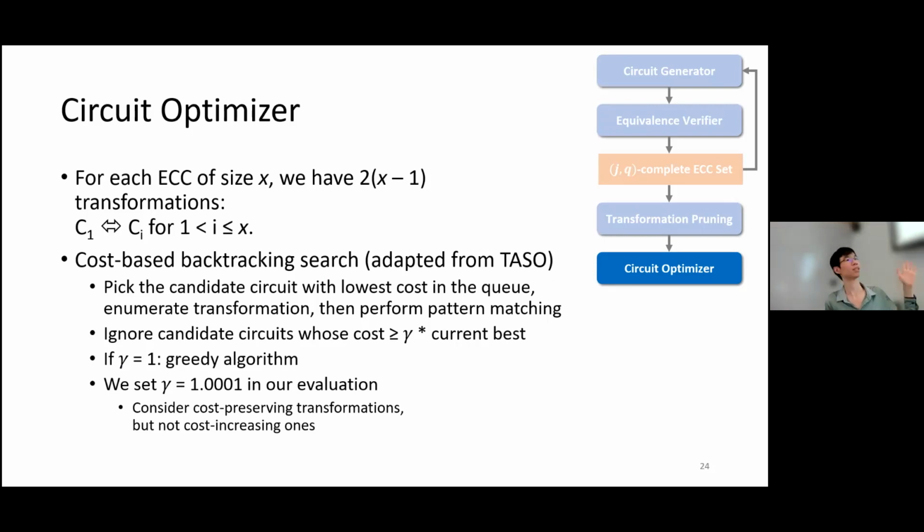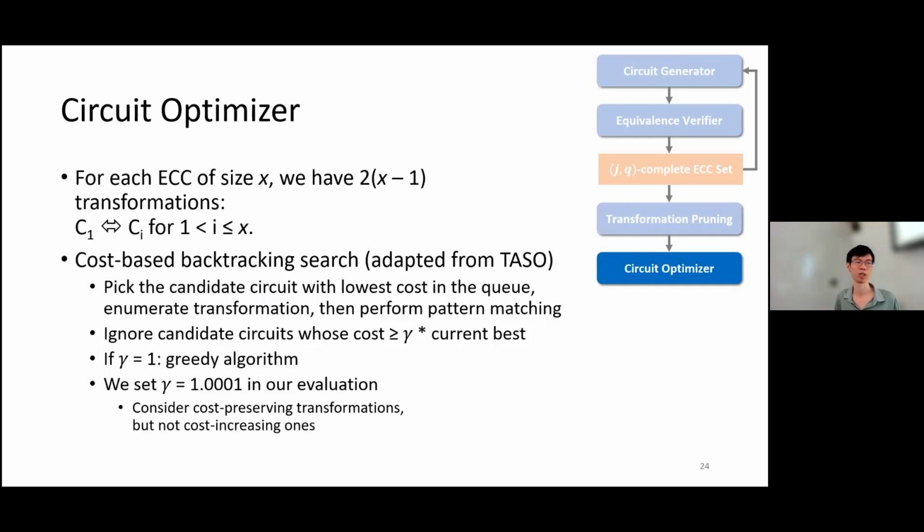You mean the gamma here, right? Yeah, for example, we control an upper limit and the circuit goes beyond that limit. Oh yeah, we did some experiments with larger gamma for small circuits, and it did perform better. But for larger circuits, we find that we can never go into cost-increasing transformations, or otherwise we will just choke and do almost nothing.